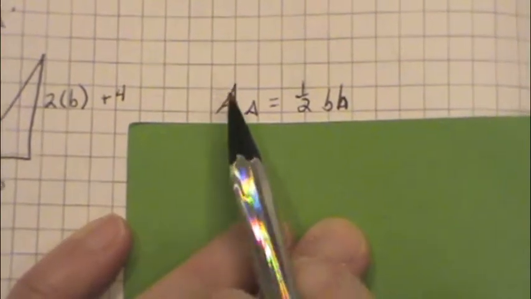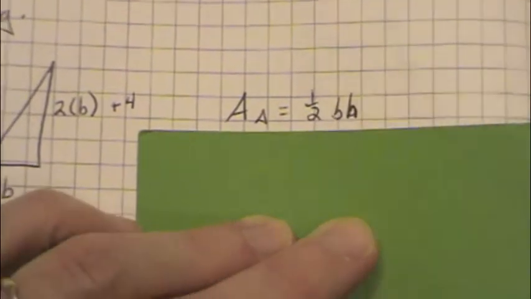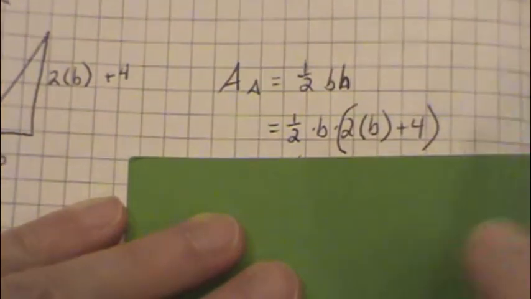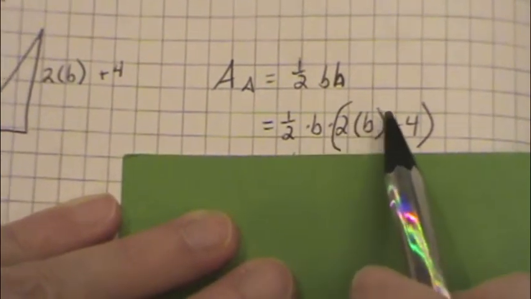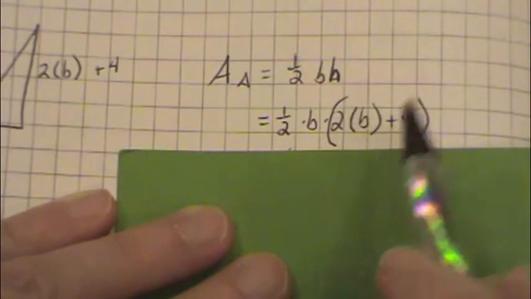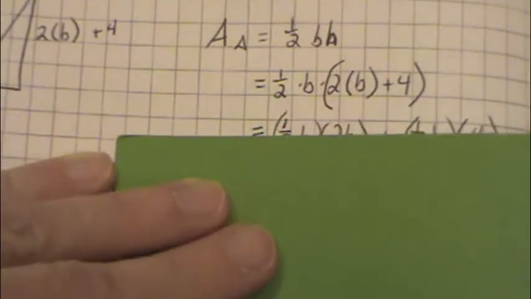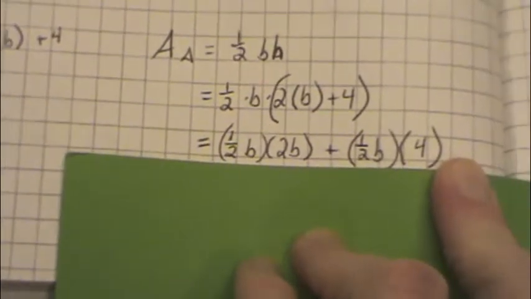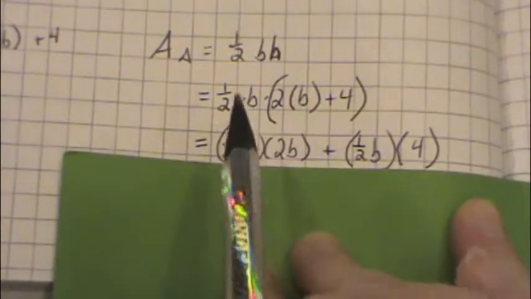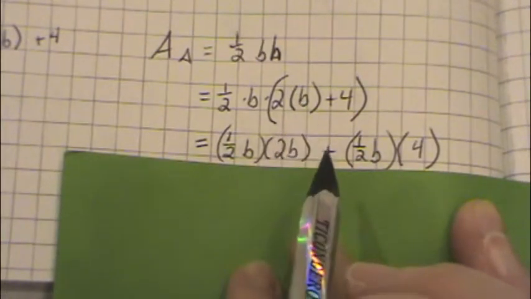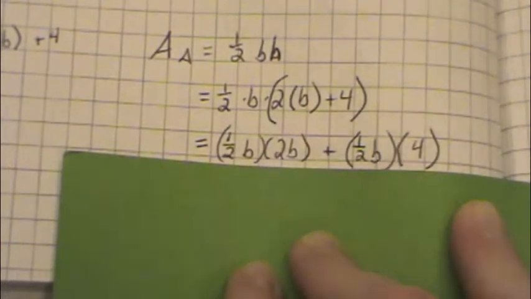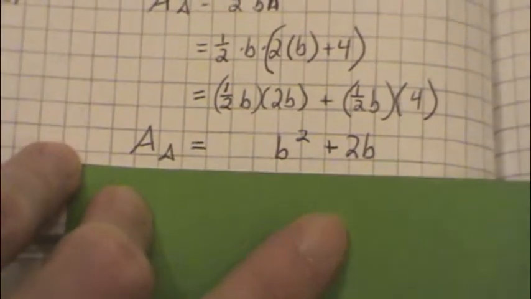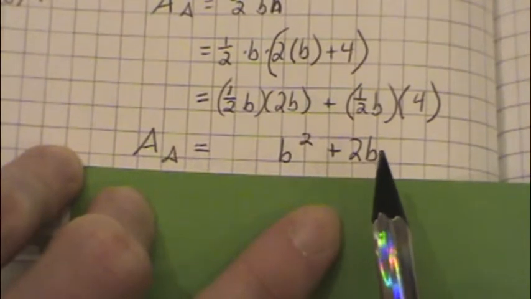This says area of a triangle equals 1/2 base times height, which in this case is 1/2 base times, and this whole thing is the height, and we have to distribute it. And to try and keep this kind of clear, I did it this way. 1/2 b times 2b plus 1/2 b times 4. So we end up with b squared plus 2b.